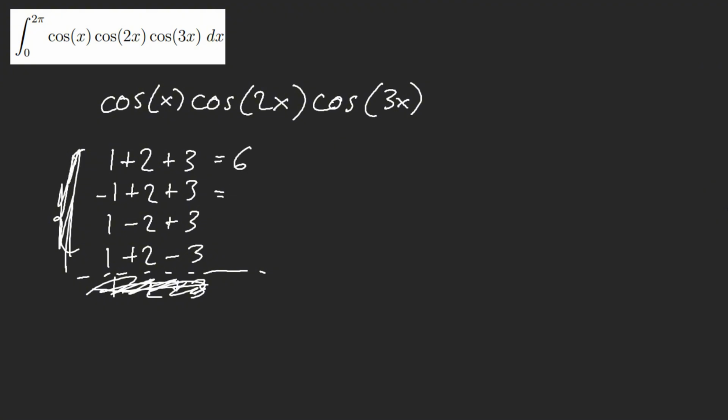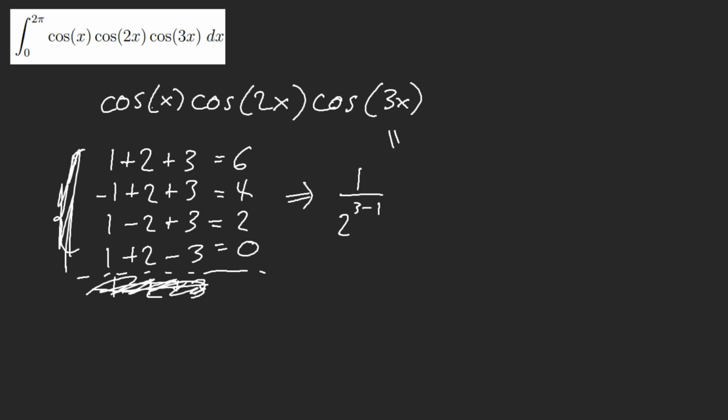This is equal to what? 5, 4. I'm assuming this is going to be 2 and this is going to be a 1 or 0. Sorry. So what we actually have: this is equal to, let's see, splitting it. So we have 3 cosines, so that's 1 over 2 to the power of 3 minus 1.